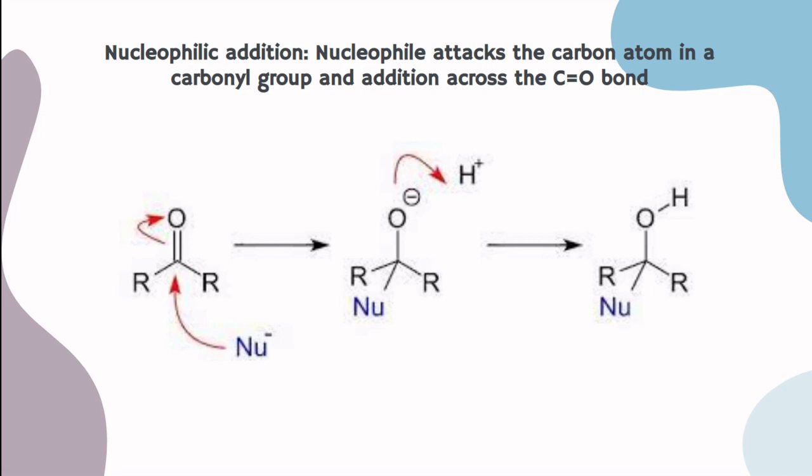Next we have nucleophilic addition, which is where a nucleophile attacks a carbon atom in a carbonyl group and addition across a C=O bond. So what's going to happen is that this double bond is going to give its electrons a little bit to that oxygen and make it slightly more negative. And this nucleophile is going to come in the middle because there's more electrons given to oxygen, therefore that nucleophile can really come in there.